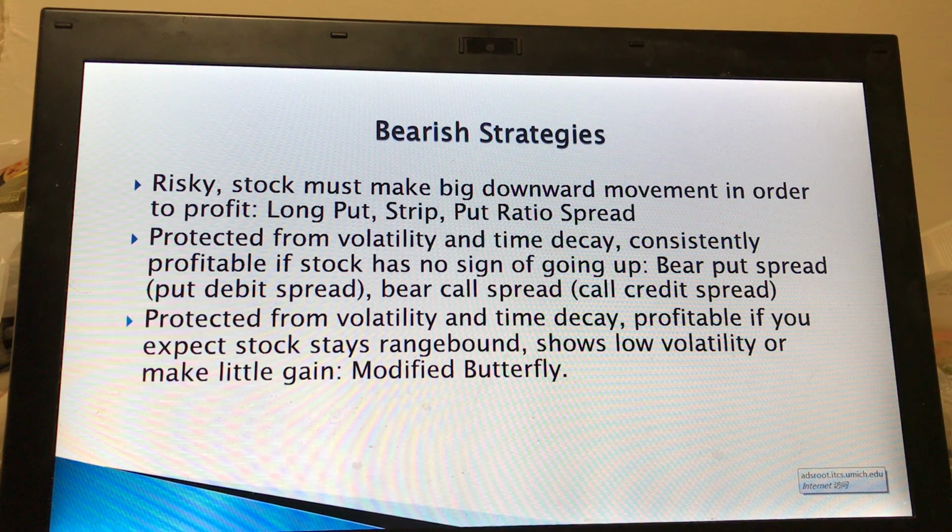The third is protected from volatility and time decay, and especially profitable if you expect the stock to stay bounded to a range and show low volatility or make little gain, which is also the modified butterfly. This is another modification in which the middle strike is closer to the lower strike than to the higher strike.